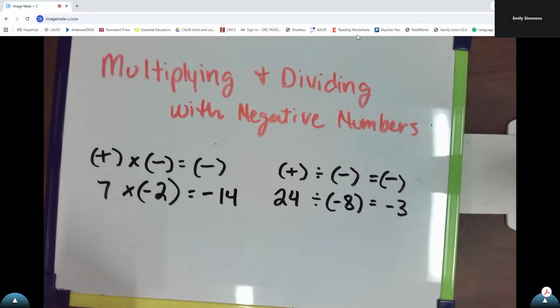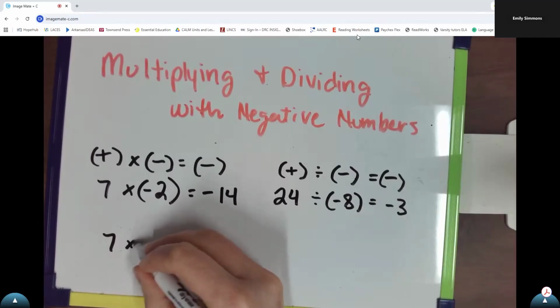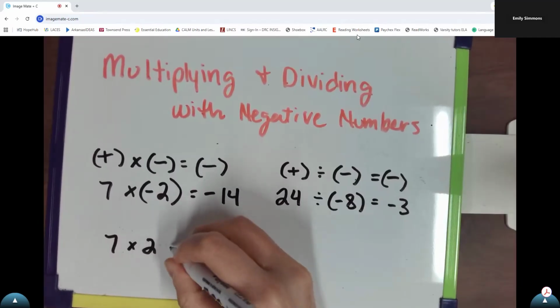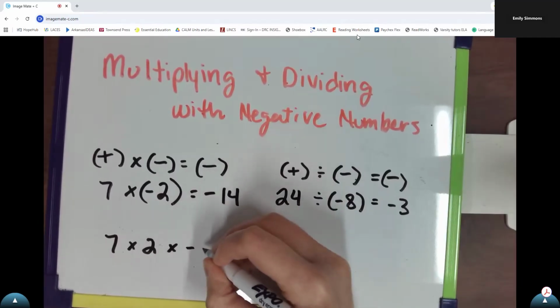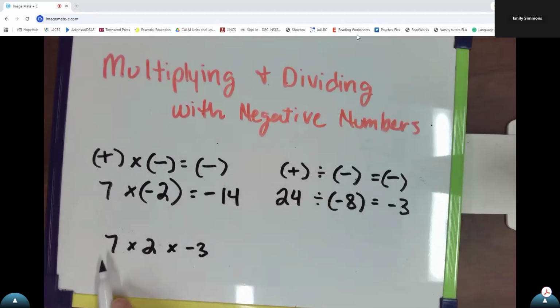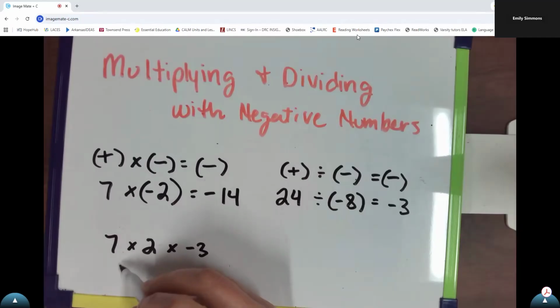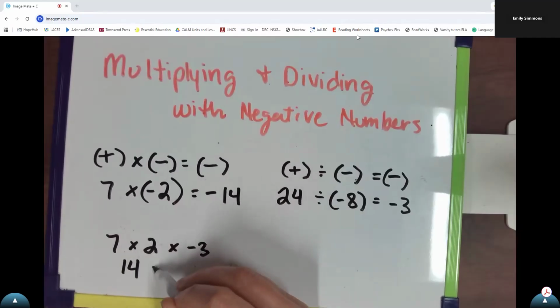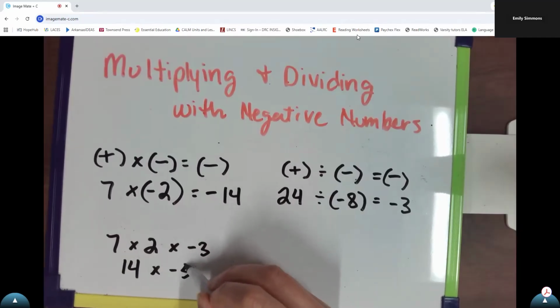When we're multiplying and dividing, and maybe we're doing more than two numbers, like maybe we had 7 times 2 times -3, we're going to work in pairs. So we'd start with 7 times 2 to get 14, and then multiply that by -3.